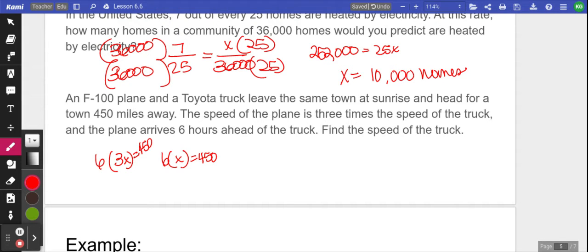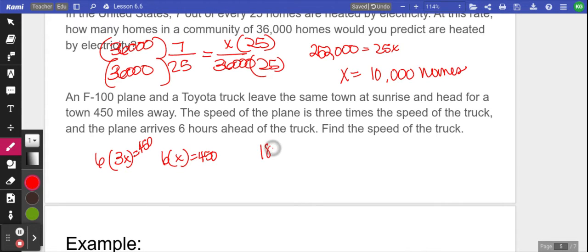So when I distribute on this side, I'm going to get 18x, and on this side, I'm going to get 6x. And I know that the total distance for both of them is going to be 450, so I know that they're going to be equal.